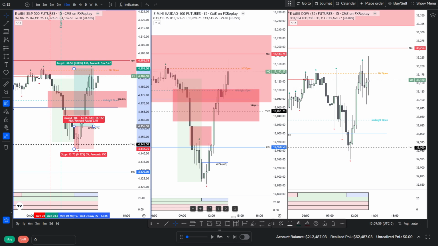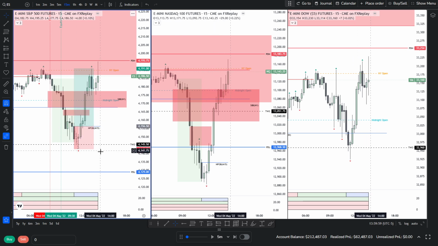Now look at that. It's just before the news. So although it was the lunch period, it was a trade. It was the setup that we were after. It's outside your trade execution window.